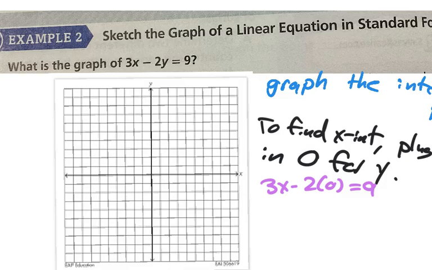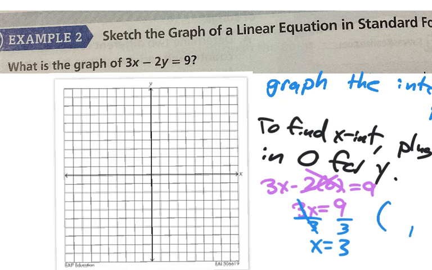Negative 2 times 0 is 0. So 3x equals 9. So x equals 3. Which means when I plugged in 0 for y, I got 3 for x, meaning the point (3, 0) is on this line. There's a point. Any questions about how I did that? Finding the x-intercept.